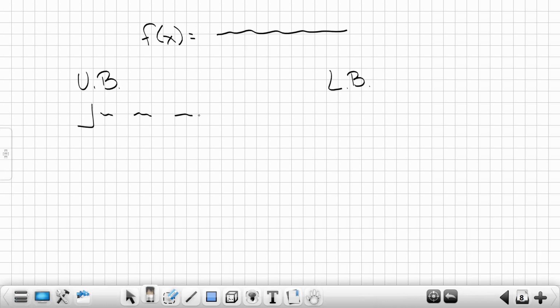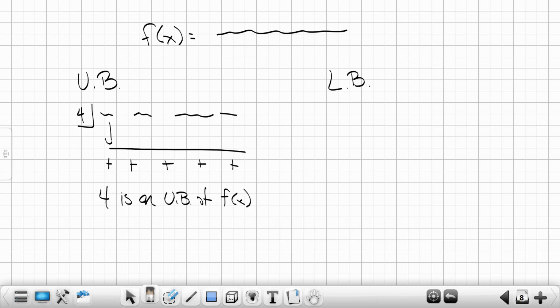And I've got my coefficients, right? And let's say this is a positive number, and I get positive, positive, positive across the way. Then whatever this number is is my upper bound. Let's say it's 4. That means since when I plugged in 4, all of these were positive, 4 is an upper bound of f of x, okay?